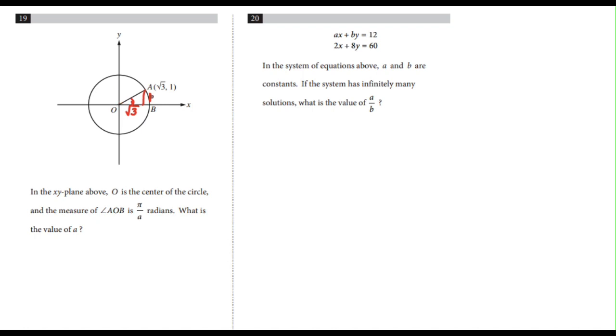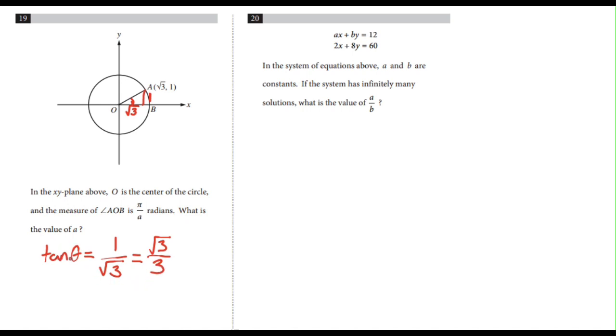So when we have the opposite and adjacent sides of an angle, that correlates to tangent theta, which is going to equal the opposite over the adjacent. We can simplify 1 over the square root of 3 to be square root of 3 over 3.